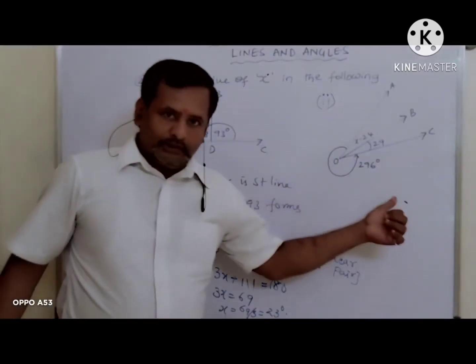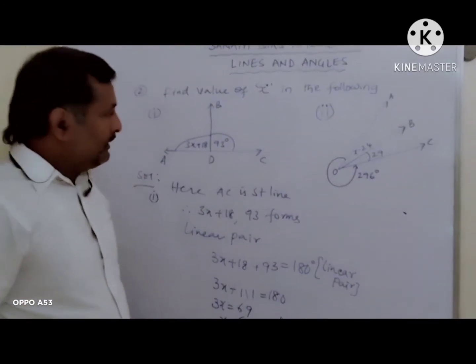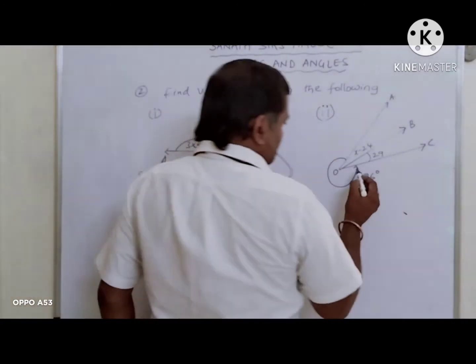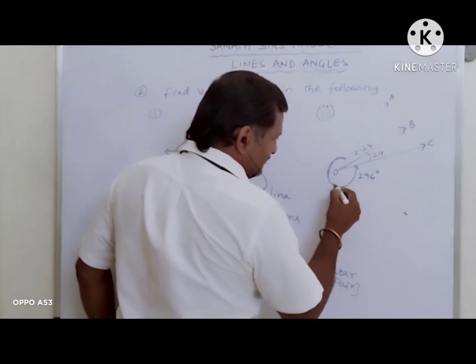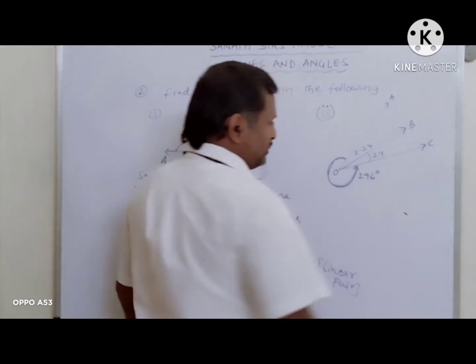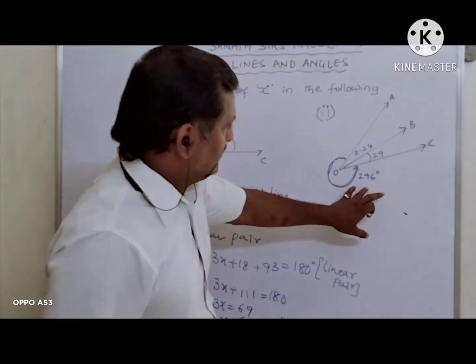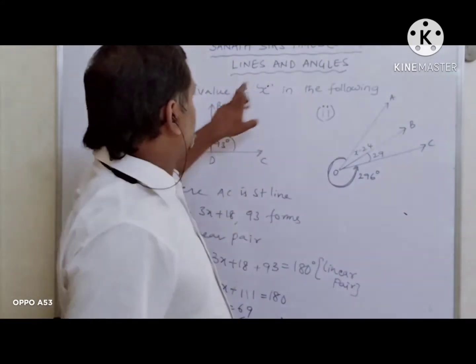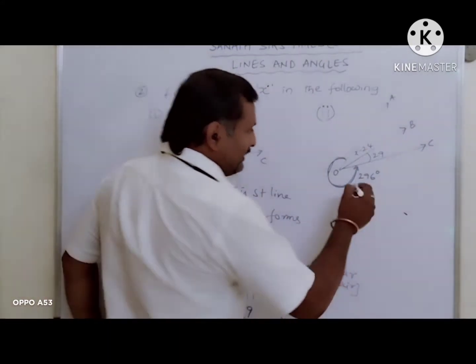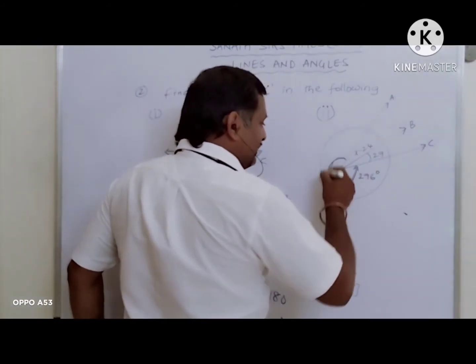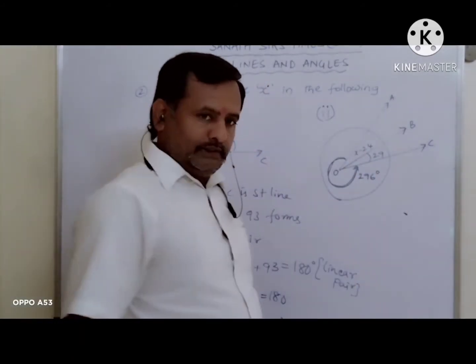And coming to the next part, here this reflex angle is given as 296 degrees. It is asking to find the value of x, but we know that the complete angle is equal to what? 360 degrees.